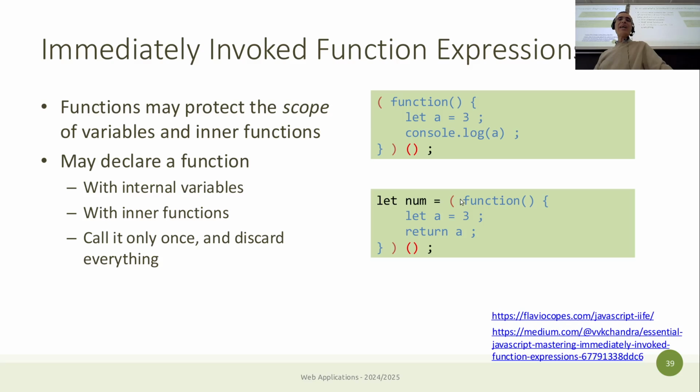And in case we need to have the value defined by this function, calling this function means that if we return something, this immediately invoked function will have a value, and we can use this value as we like.